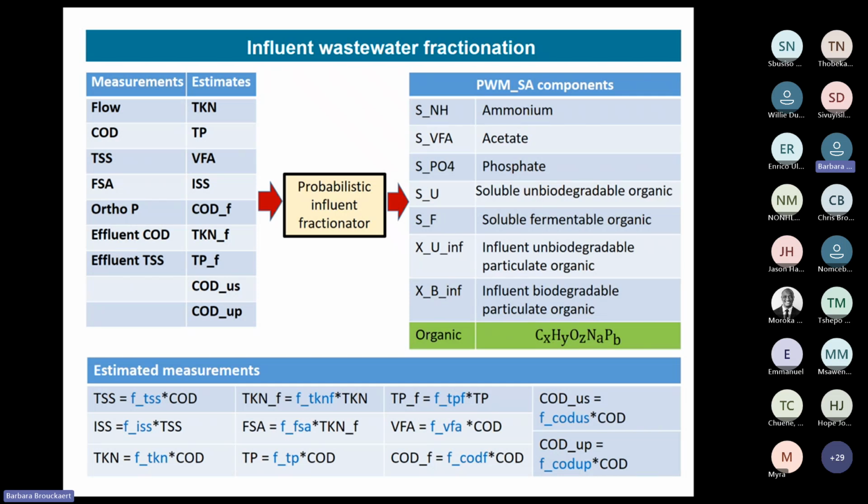So the influent fractionation tool that you were just discussing is a tool for calibrating the influent, but it has a major limitation, which is that it has no way of discerning the difference between the biodegradable and non-biodegradable fractions in the wastewater. So what it uses is estimates based on ratios.